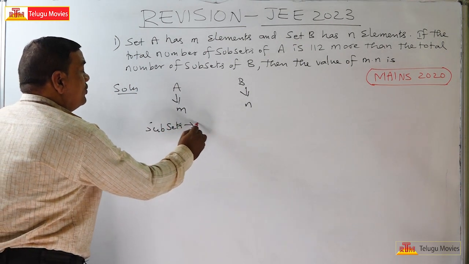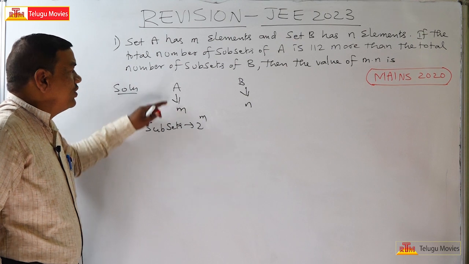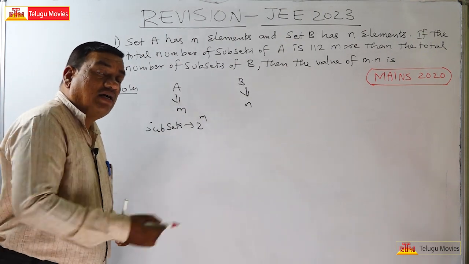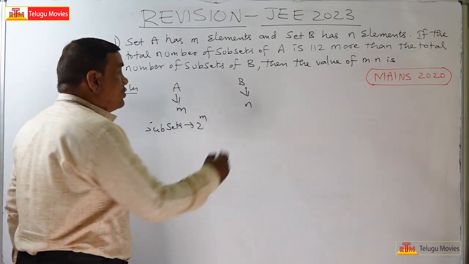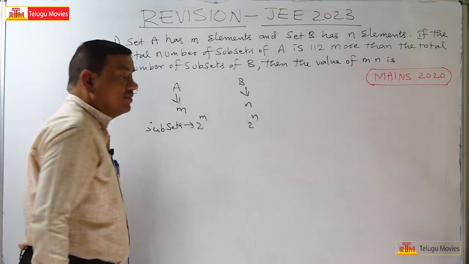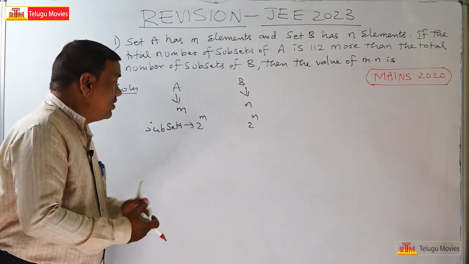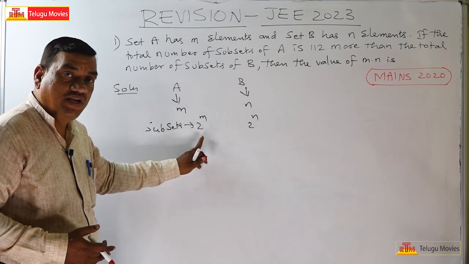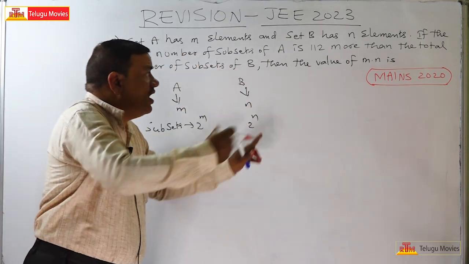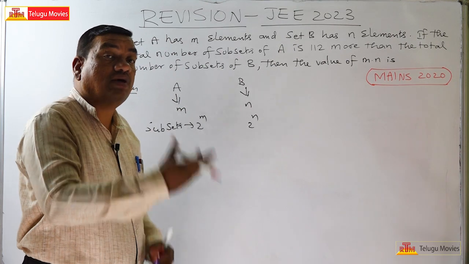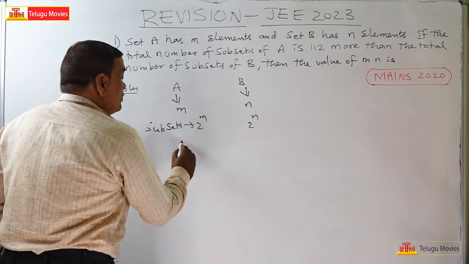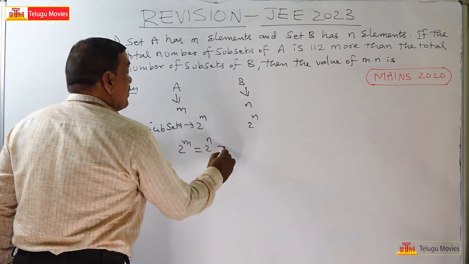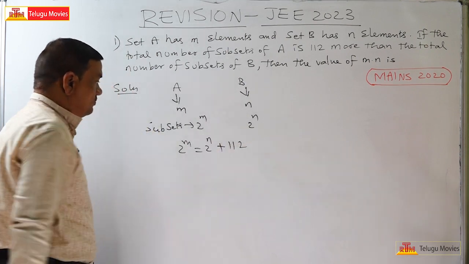We know that if A has m elements, then the number of subsets is 2 power m. Similarly, for B it is 2 power n. The number of subsets of A is 112 more than the number of subsets of B. That means 2 power m is equal to 2 power n plus 112.